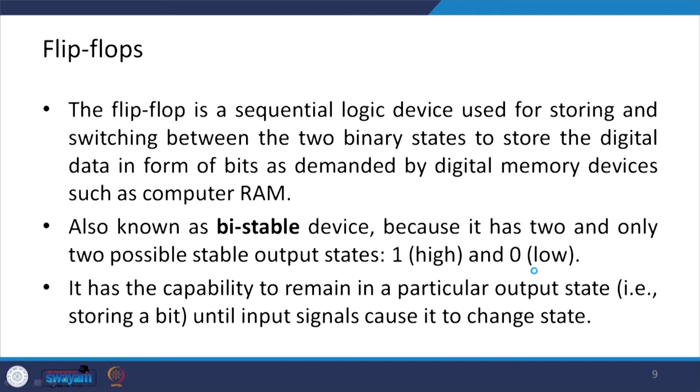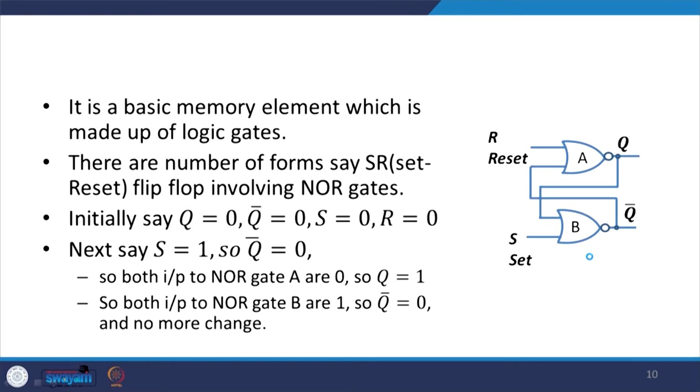It is also known as a bistable device because it has two and only two possible stable output states, that is high and low. It has the capability to remain in a particular output state until an input signal causes it to change the state. So, as I said, it is a basic memory element made up of logic gates.